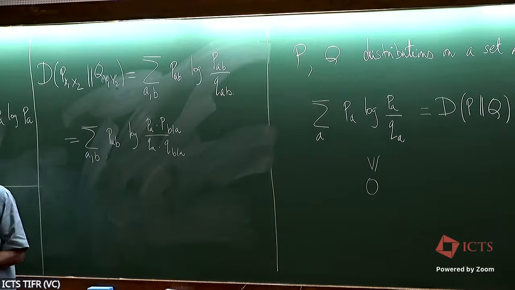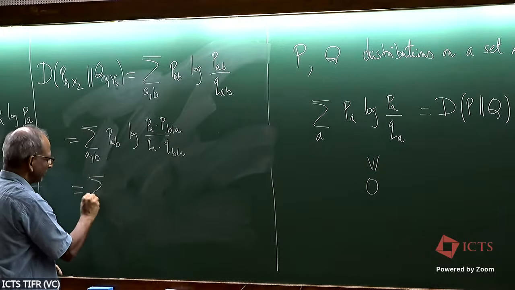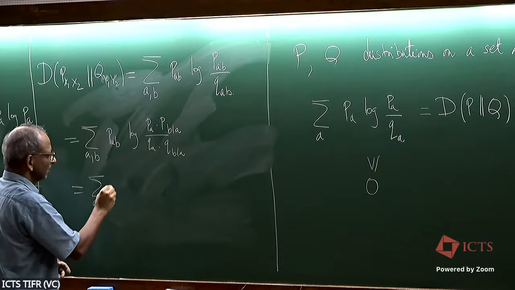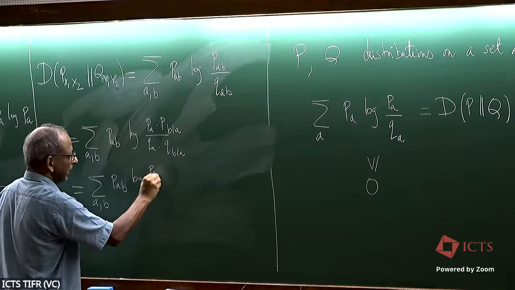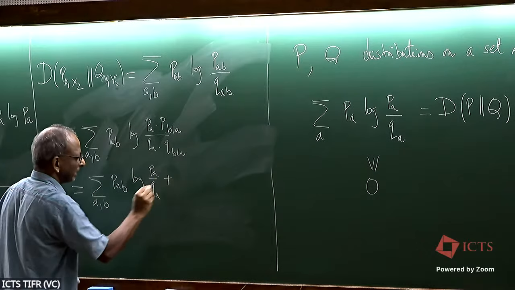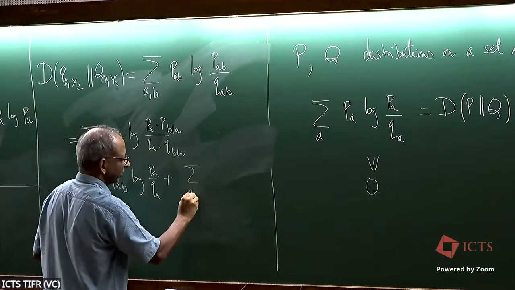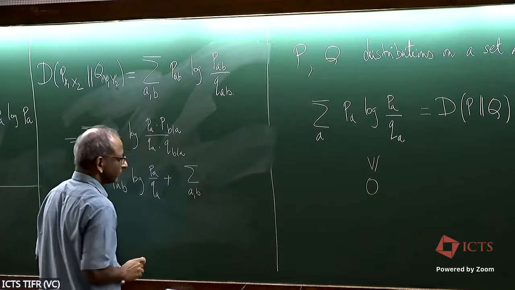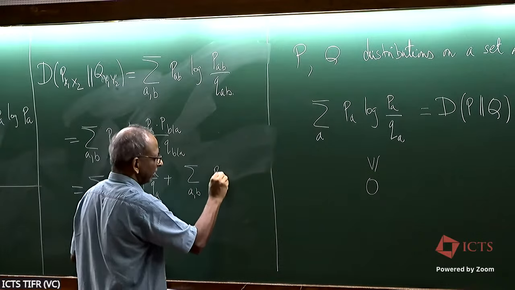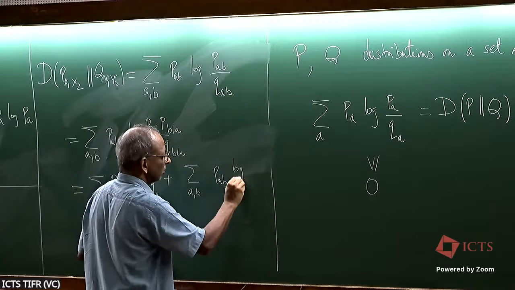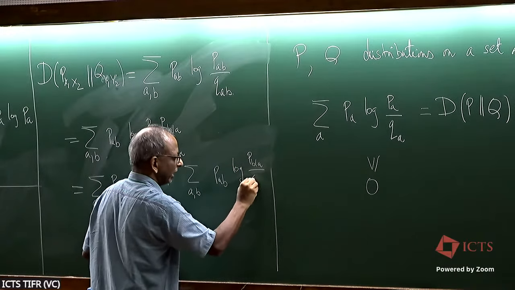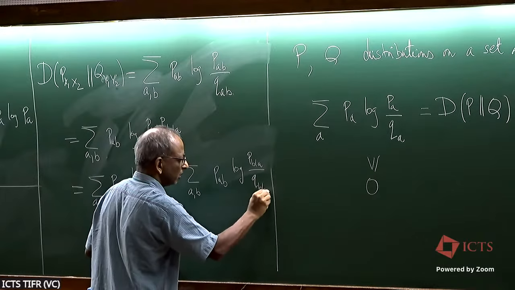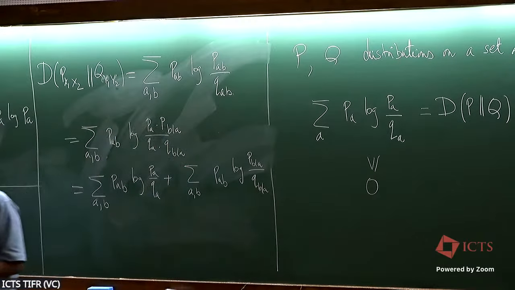So you get summation over AB, PAB log PA by QA, plus summation over AB, PAB log of P of B given A divided by Q of B given A. Is that all right?